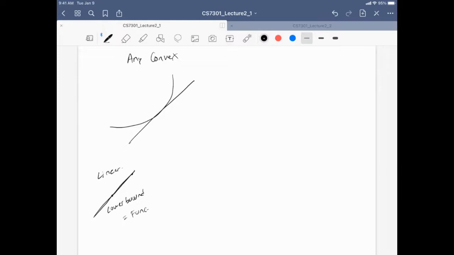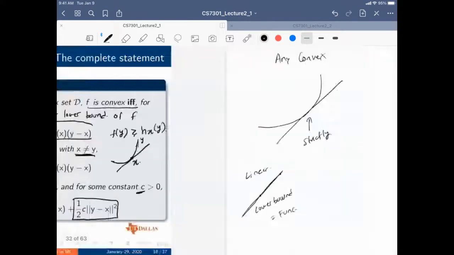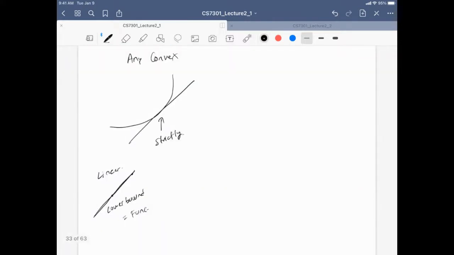That's why we have the strictly convex function, which is a case where, apart from x, everywhere else it holds with strict inequality. So for every other point y not equal to x, it holds with strict inequality.